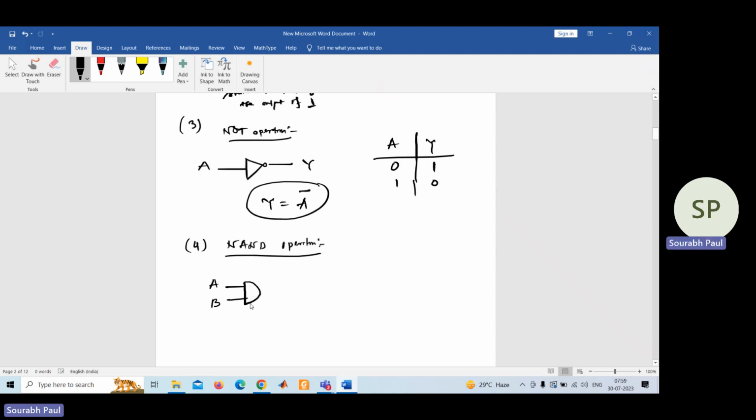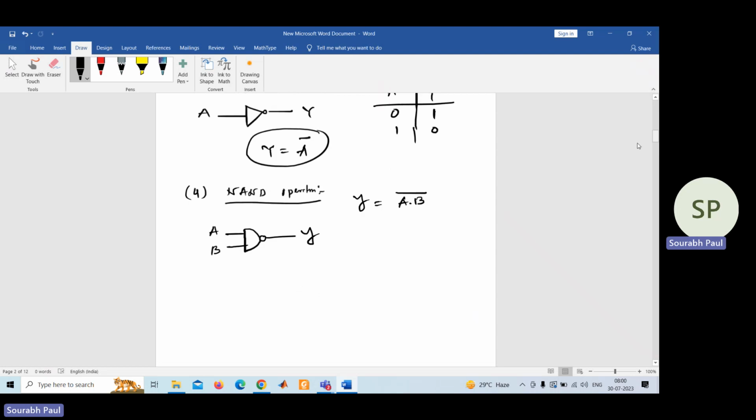You use the AND gate and along with that you give one bubble. So this will make the NAND gate, and this is the output. So what is the expression of NAND gate? You first write down the expression of AND gate, and give the bar. This is the NOT operation you are doing. Whatever AND result you got, you need to apply one NOT operator there. So it will become NAND.